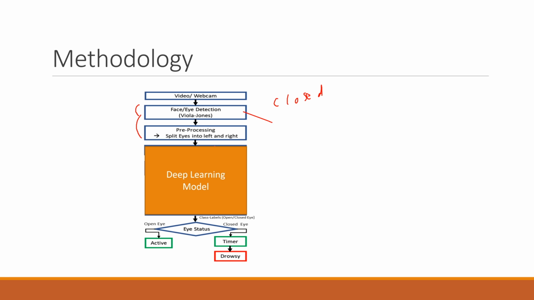After doing this, we will have an already trained deep learning model, and if we provide the eye image, it will tell us whether the eyes are closed or open. If the eyes are closed, we can have a timer with an if-else statement: if the timer elapsed for more than 2 or 3 seconds, then we can generate an alarm that the driver is drowsy.